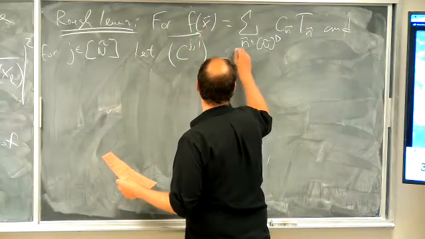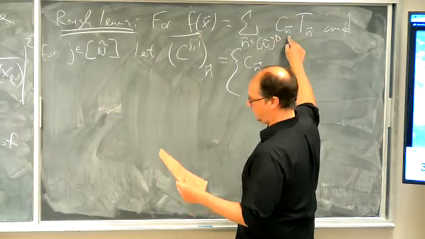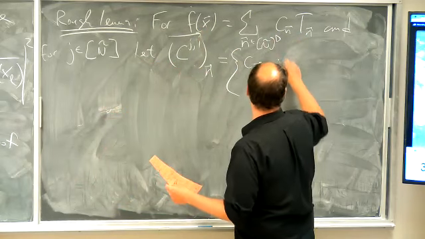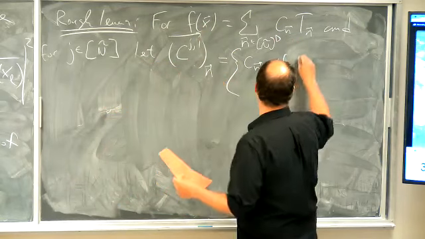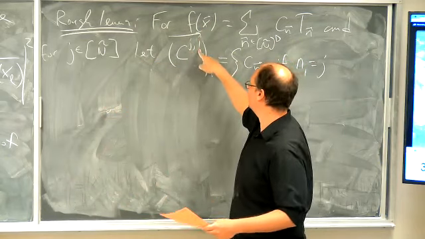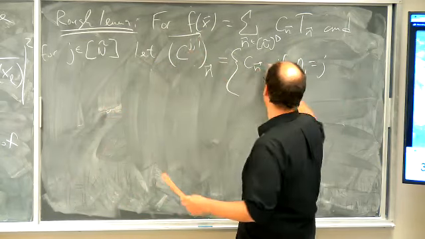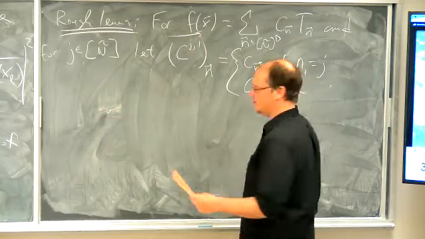This guy is going to be defined to be equal to this basis vector if the first entry of the index vector is equal to J. Right, so if the first entry of the index vector is equal to J, then I preserve it, and otherwise I zero it out.